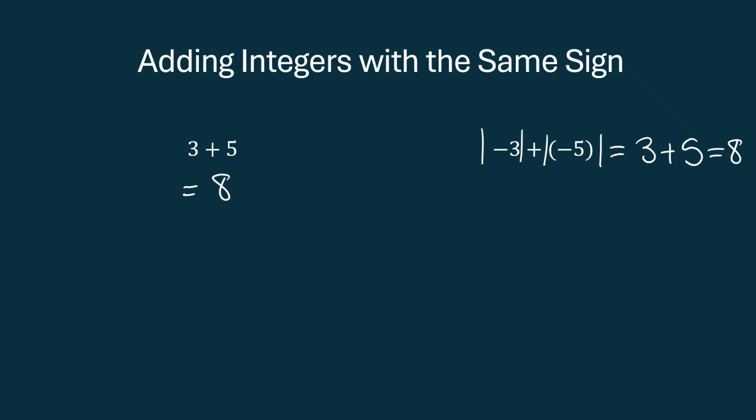But going back to the original problem, we were looking at negative 3 plus negative 5. Because both of those integers are negative to start out, instead of the answer being positive 8, it's actually going to be negative 8. So when we add two negative numbers together, just add their positives together and make that resulting number negative, and that's your answer.